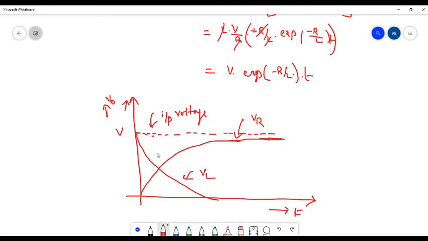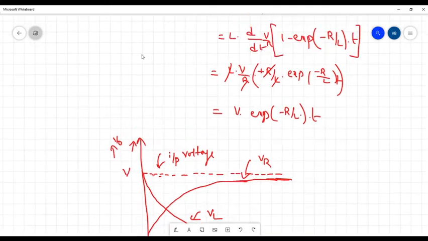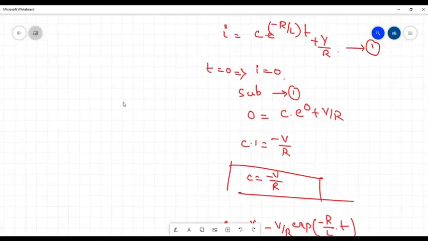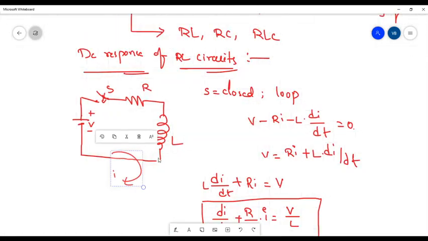We just took one circuit, RL connected in series, and for that we apply DC voltage. Whenever you apply DC voltage, some voltage will be induced, and according to the current passing through the resistor and inductor, that will produce some voltage drop across the resistor as well as the inductor. Whenever the switch is closed, it acts like a closed loop path.